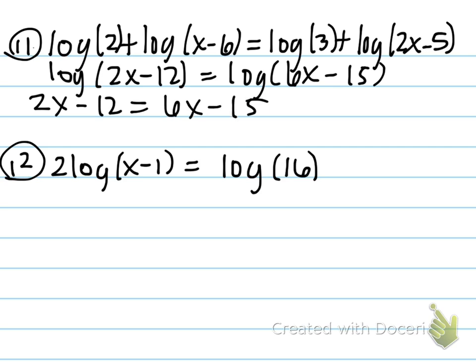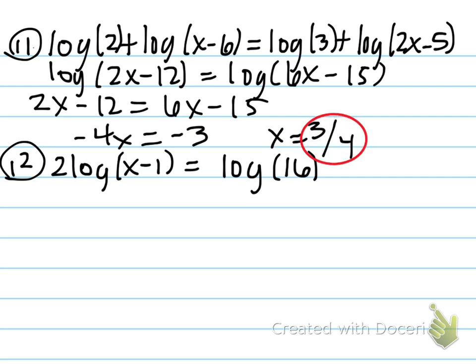I get all of my x's together, and I get all of my numbers together. And when I divide that, I get x equals 3 over 4. Now, if I take this and plug it into here, I'm going to get a negative number. So I actually have no solution for this problem.